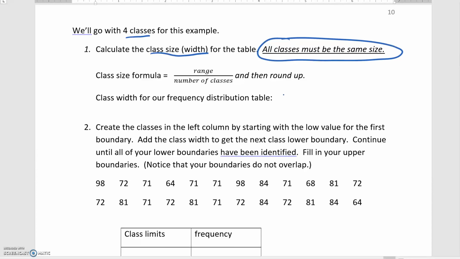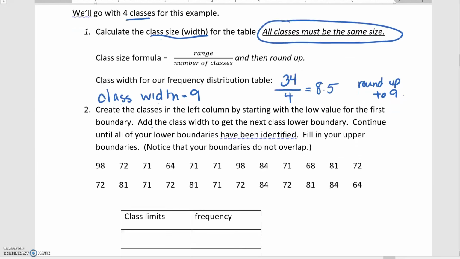So we found our range on the previous page was 34, and we want 4 classes. And this gives us 8.5, so we're going to round up to 9. So we have found that our class width is 9.